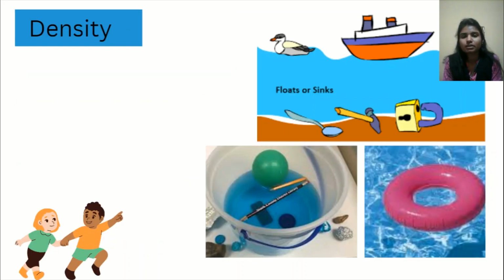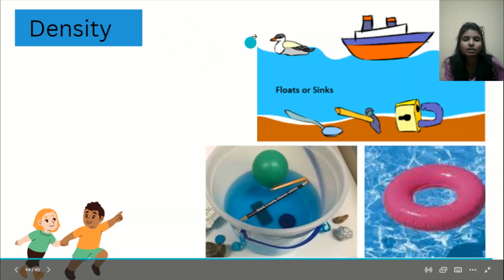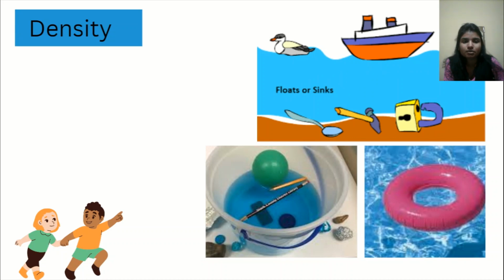The fourth property is the density of the objects. Density of an object is its ability to float or sink. So in the picture we can observe that there are certain objects which are floating on the surface of the water, while others have settled at the bottom of the containers and the sea.